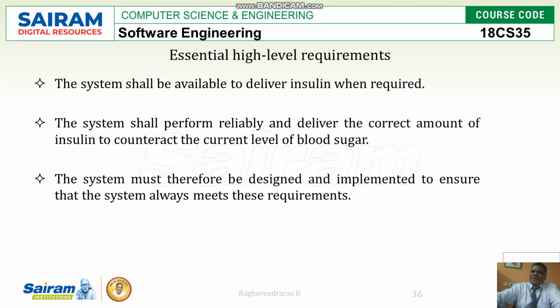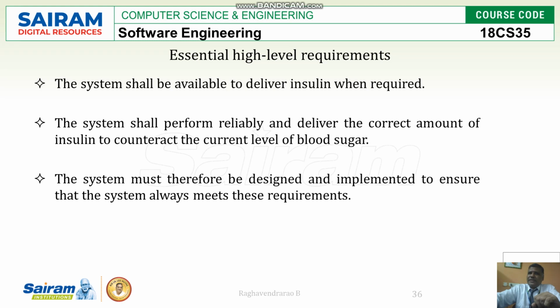High level requirements of this. This is nothing but high level only. Whatever diagrams appear, those are the high level requirements. First, the system should be available to deliver insulin whenever it is required.